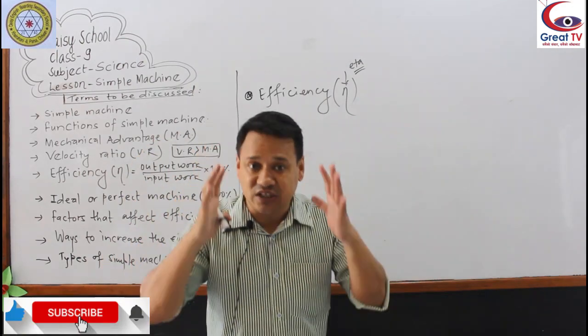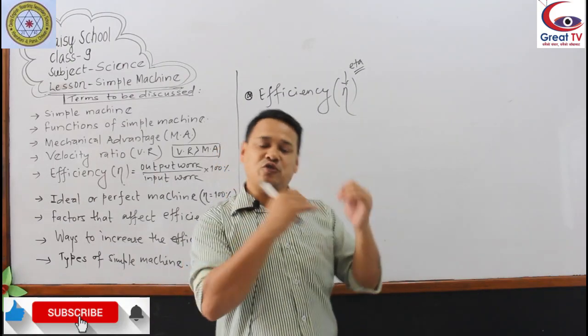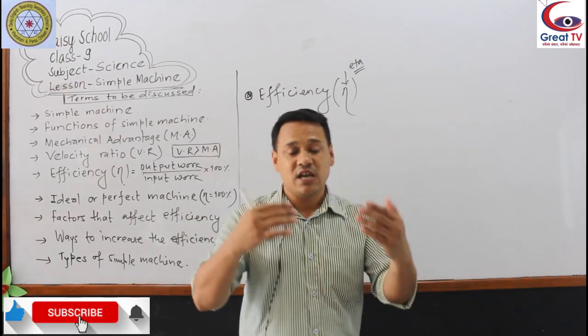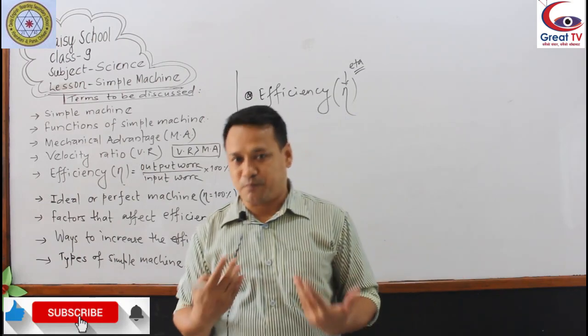And the percentage ratio of output work to input work is the efficiency of the machine. It is simply the ratio of output to input work, but expressed in percentage.